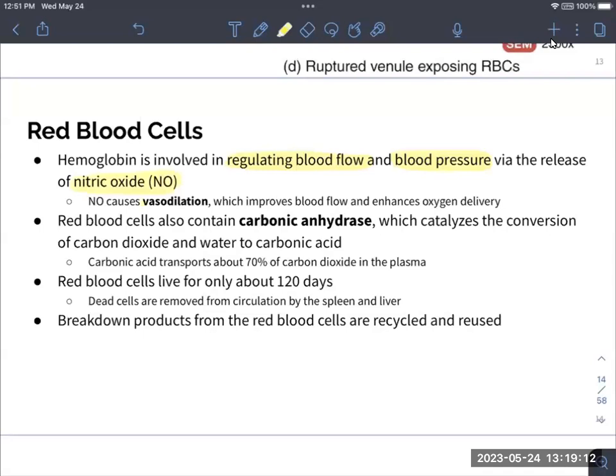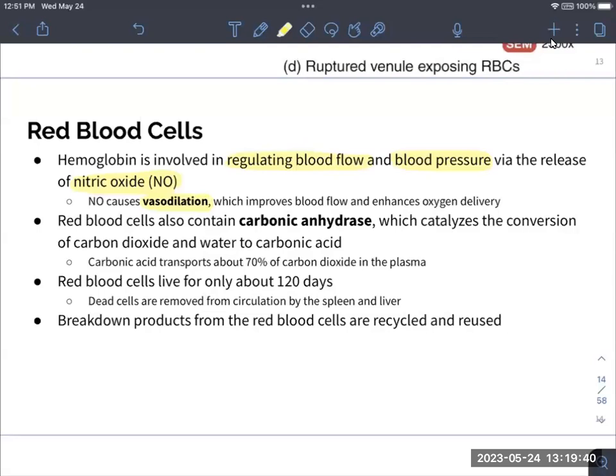Nitric oxide is going to cause vasodilation. Vaso is for blood vessels and dilation gets larger. So when our blood vessels get larger, it allows more blood to travel through. It allows more oxygen to get to our cells.